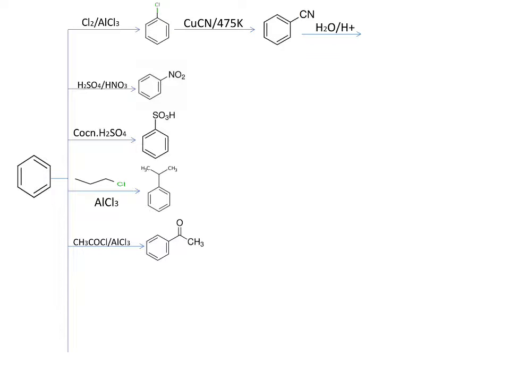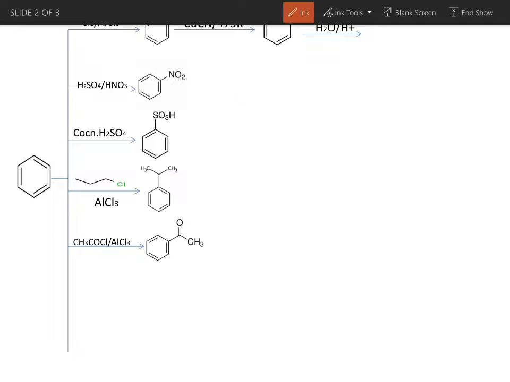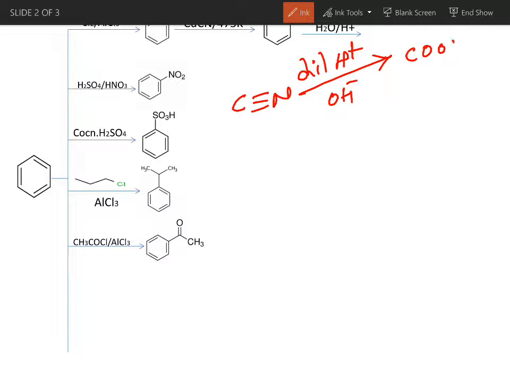What you have to remember here: when cyanide reacts with dilute acid or dilute base, it undergoes complete hydrolysis and forms the compound carboxylic acid.